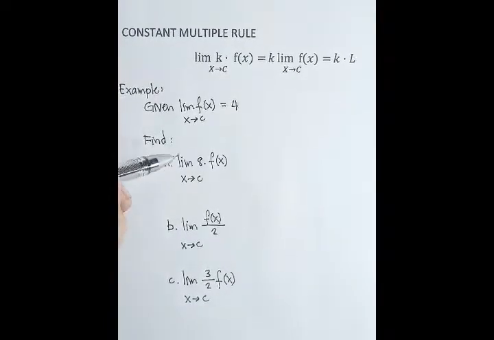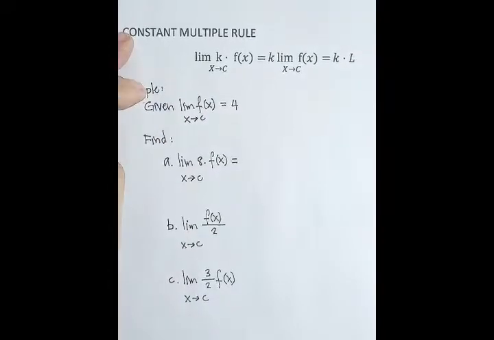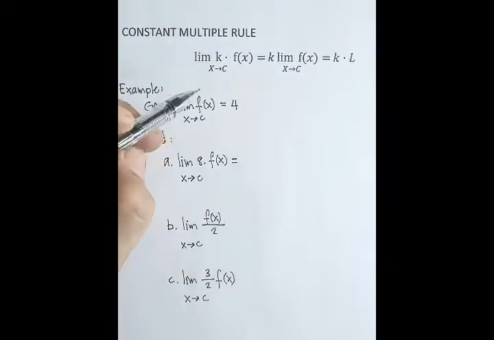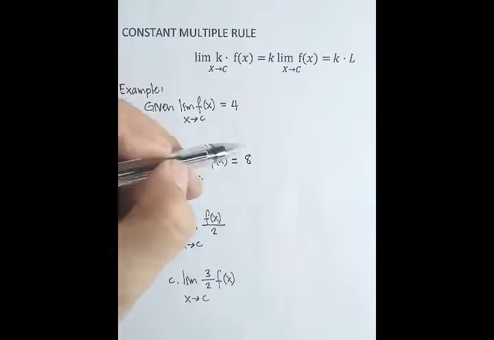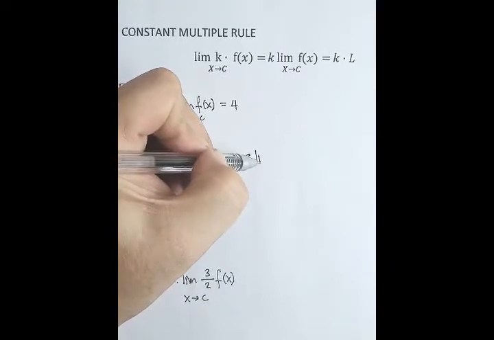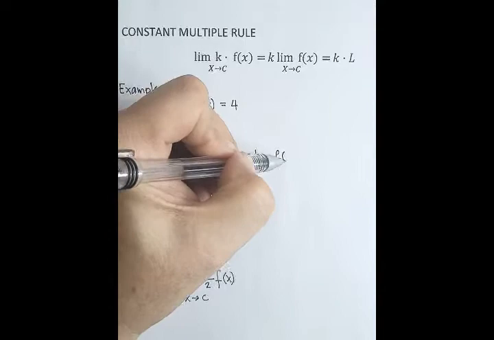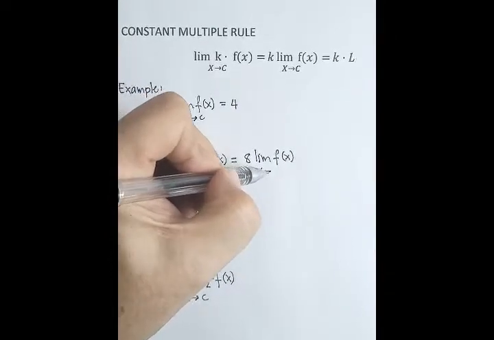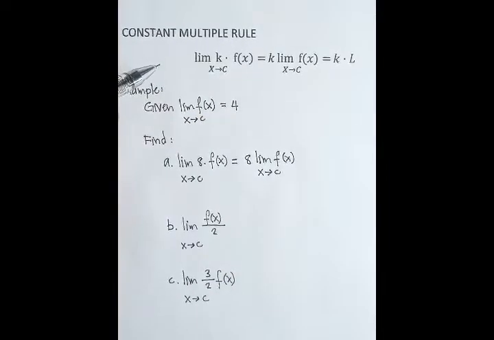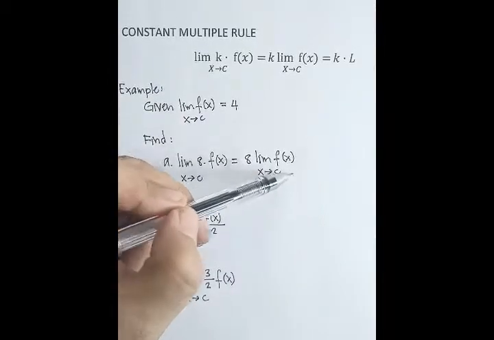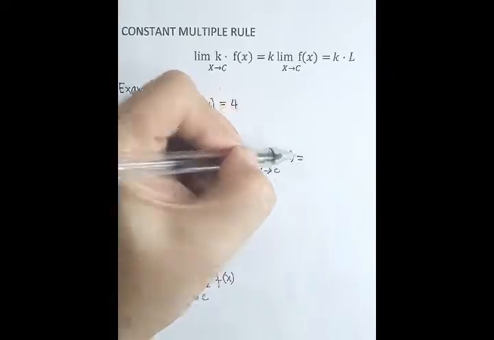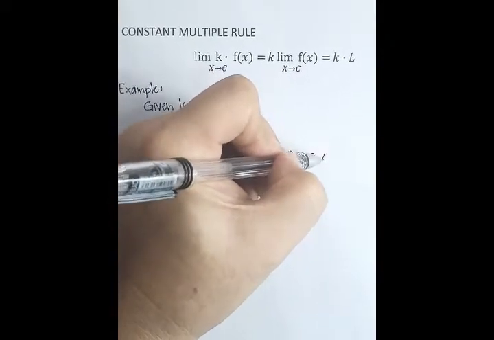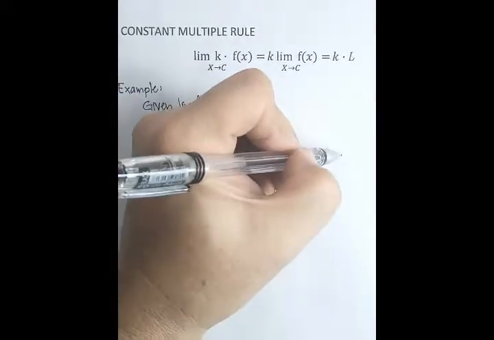Given that this limit equals 4, we simplify to 8 times 4, which is equal to 32.